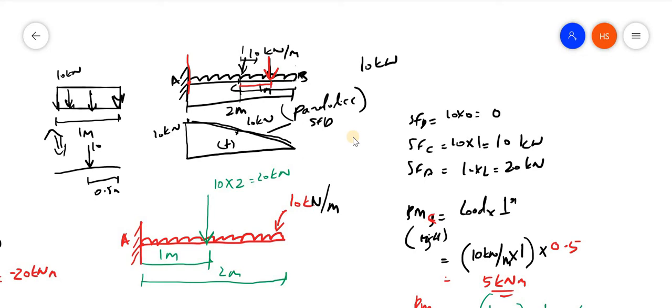We have this moment 20 kilonewton. How are we finding it out? That is 10 kilonewton per meter into the distance. The distance is 2 meter, into another 2 is also there.